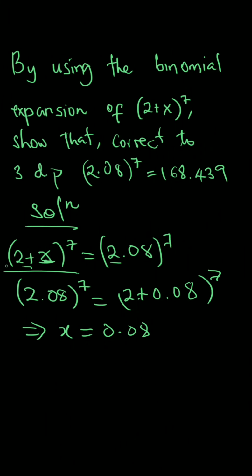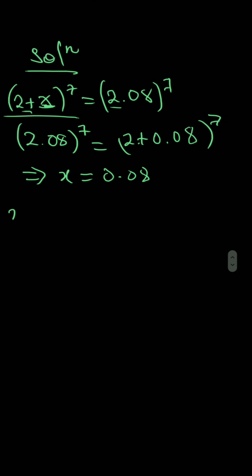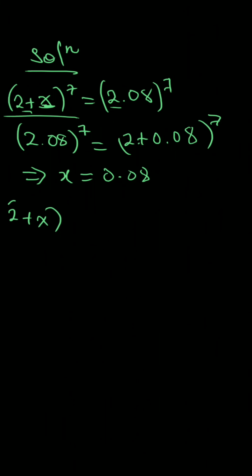Okay, now we're just going to substitute. So what we'll do is expand the binomial (2 + x) to the power 7. Then after we're done, we substitute 0.08. Now let's start our expansion. By using the binomial theorem, we're going to have 7 choose 0 multiplied with 2 raised to the power 7 minus 0, which is 7.